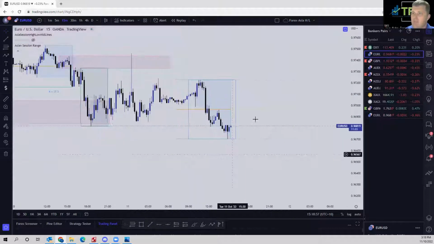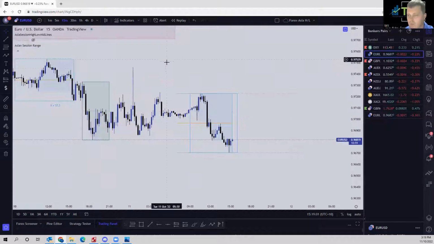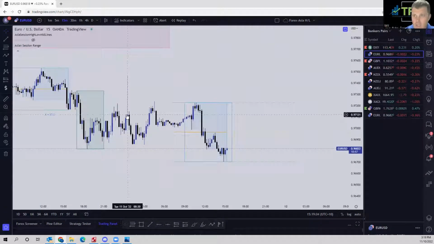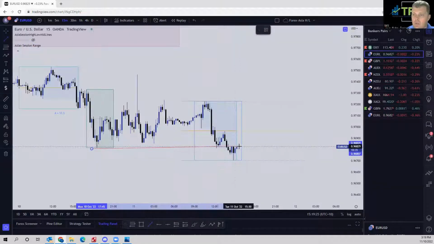So now, based on yesterday's movements, we can get rid of a couple of these, they're no longer relevant. As we can see, we've had this big bullish impulse and then a massive rejection. We've consolidated for a little bit, broken these lows and come down lower. So basically what I'm looking for now is the start of the impulse that broke this structural low point right there.